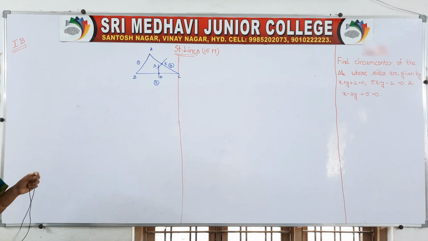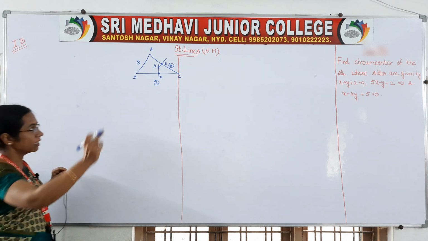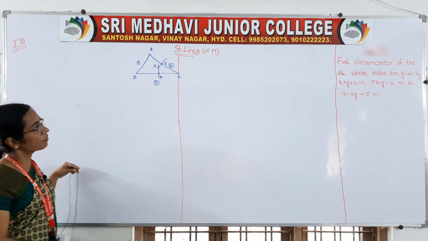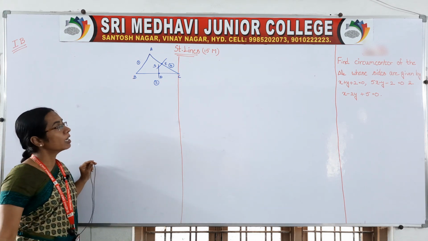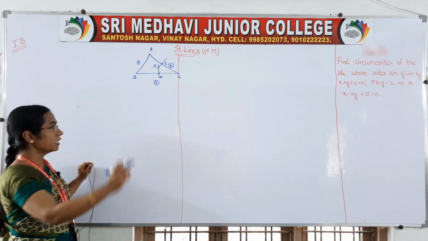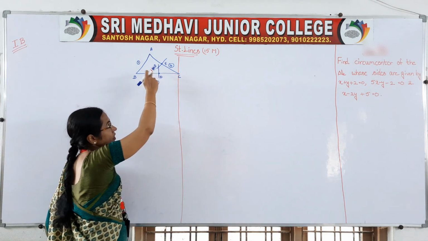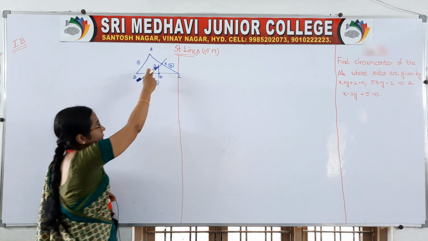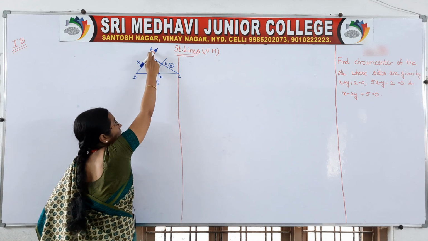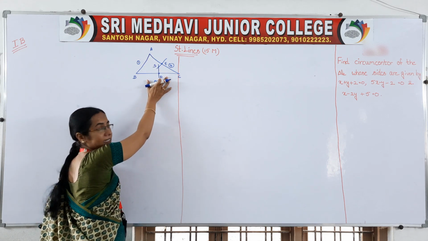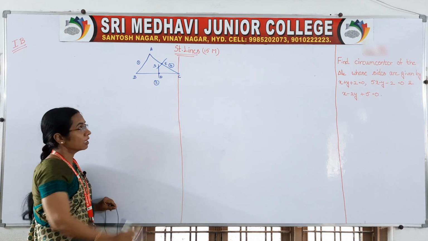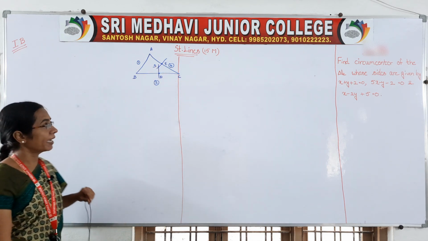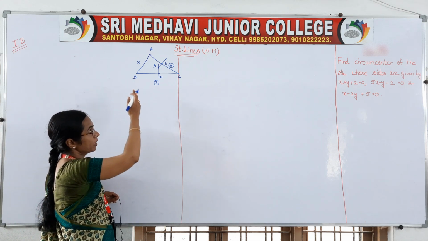First of all, what is meant by circumcenter? We already discussed it. Once again I am explaining, so stick with the concept, don't memorize the problem. Circumcenter is nothing but the point of intersection of perpendicular bisectors. If you take one vertex, the perpendicular bisector of the opposite side, this is the perpendicular bisector of the vertex A. What is the meaning of perpendicular bisector?